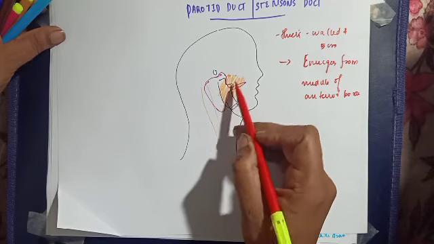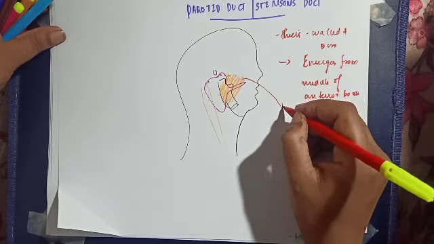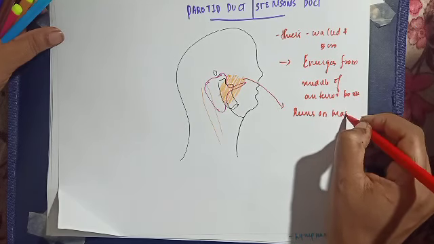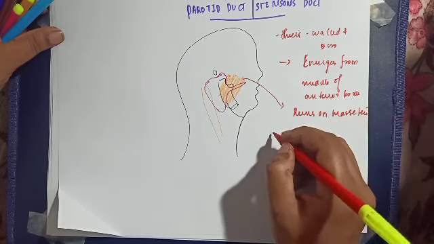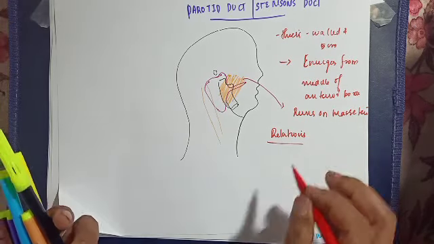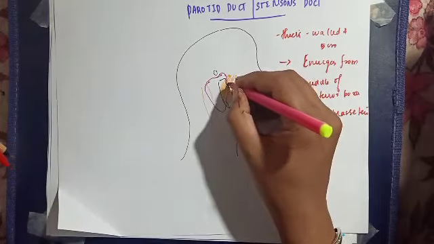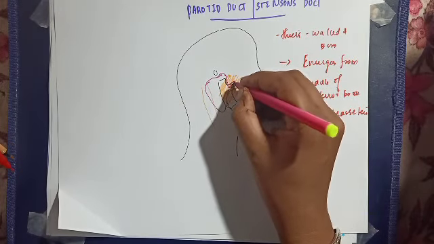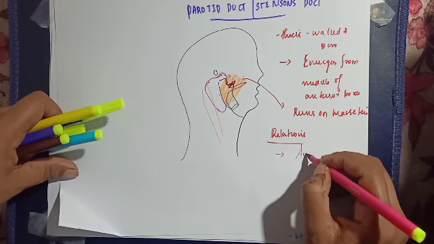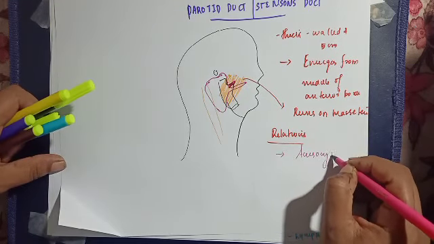And on which muscle does it run? It runs on the masseter muscle. Now the relations of this duct. Superiorly, you can see there is an accessory parotid located here. So it is related superiorly to the accessory parotid gland.